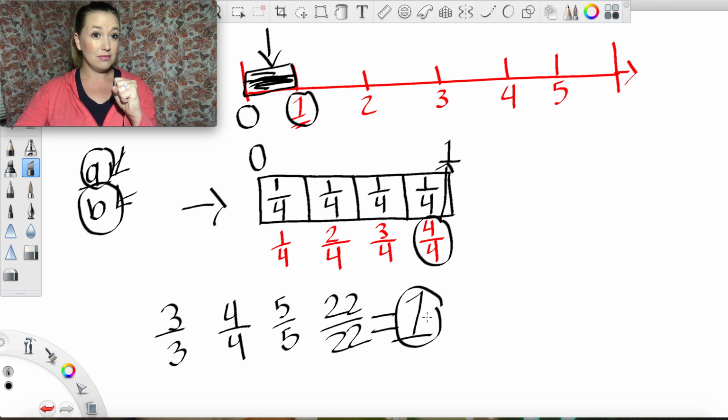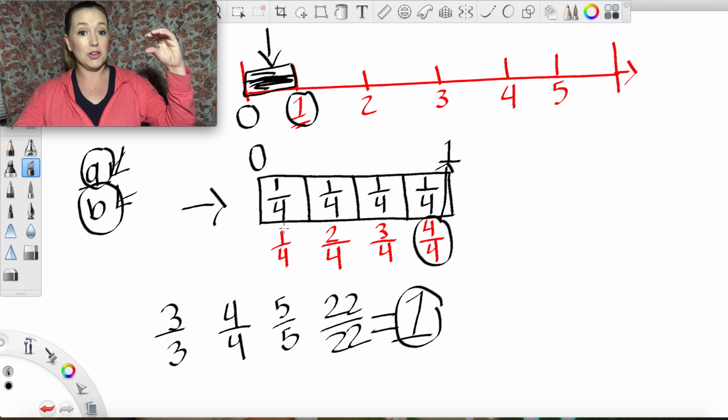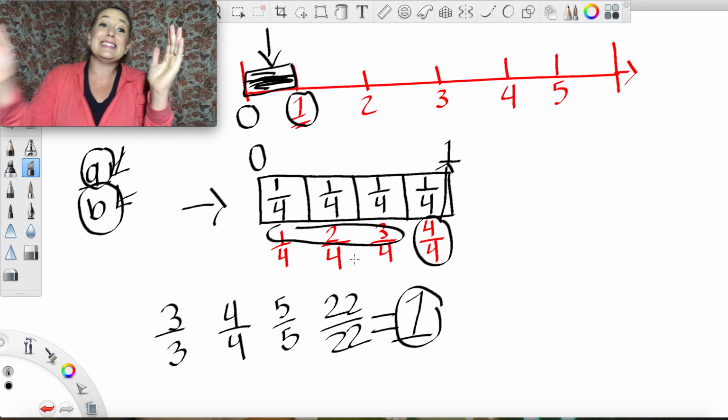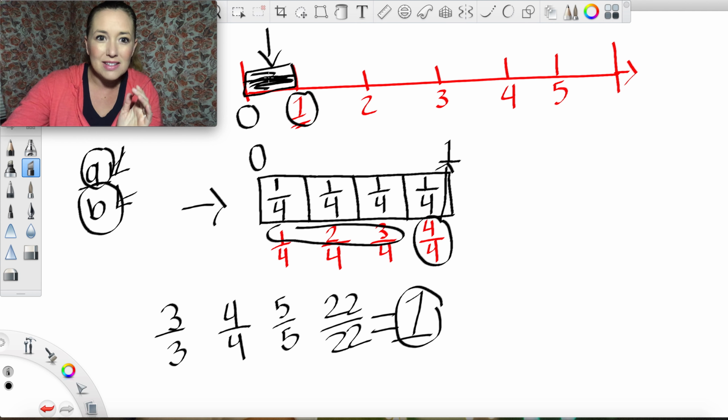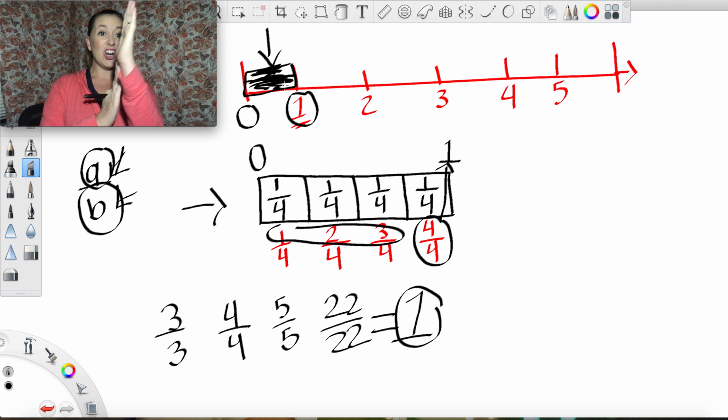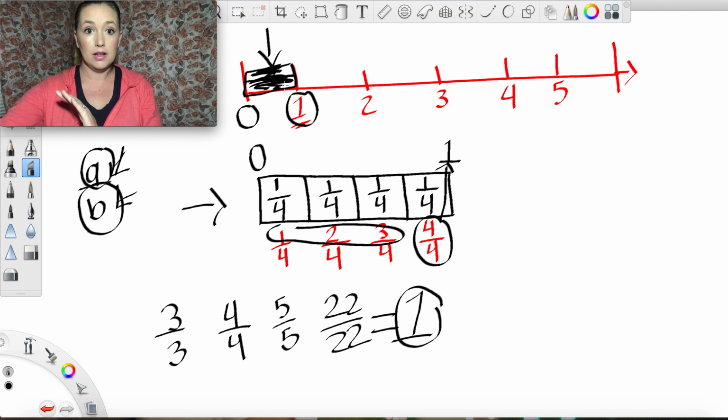So again, anytime you have your numerator smaller than your denominator, or less than your denominator, it's less than 1. It's right in this area up here. When your numerator and your denominator are equal, you're right here.